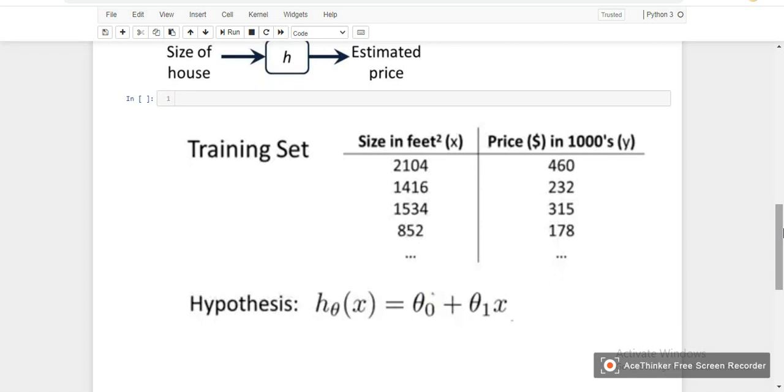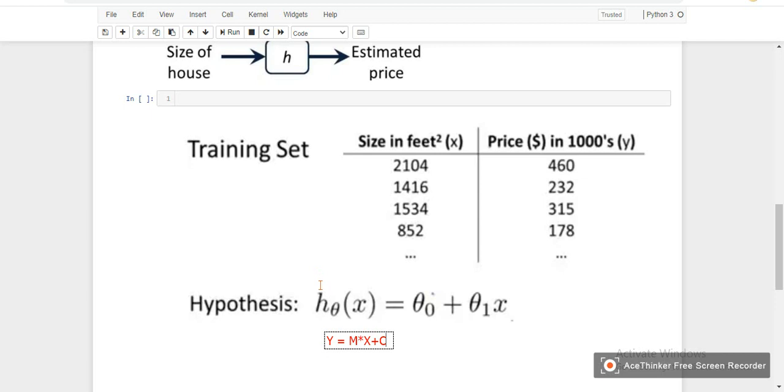So here, this is the data set, and this is the model we built for linear regression. This is exactly similar to the line equation that we studied in the earlier days. This model or hypothesis is exactly similar to the line equation y equals m into x plus c.